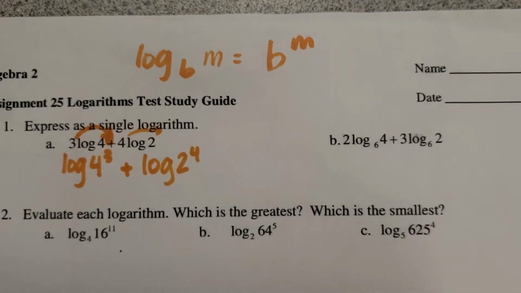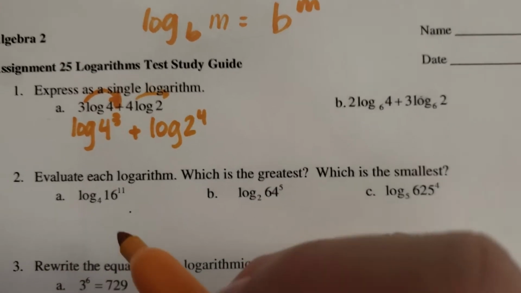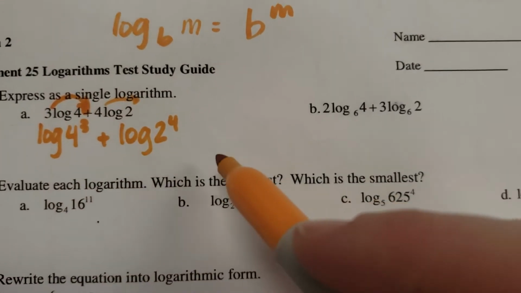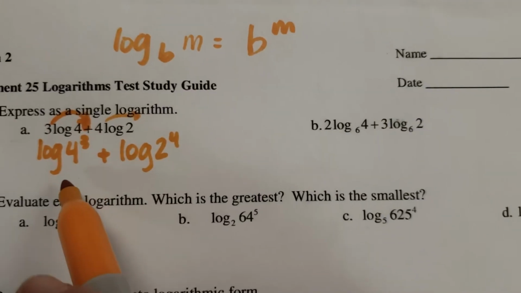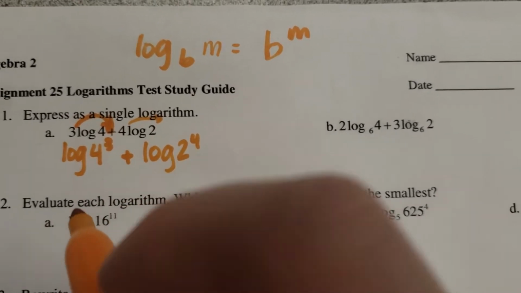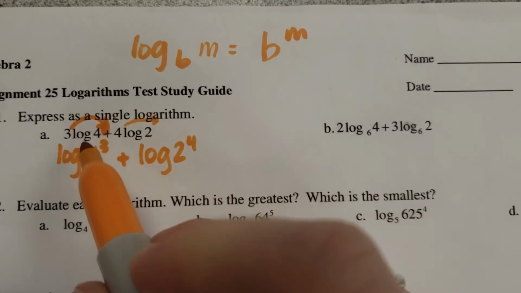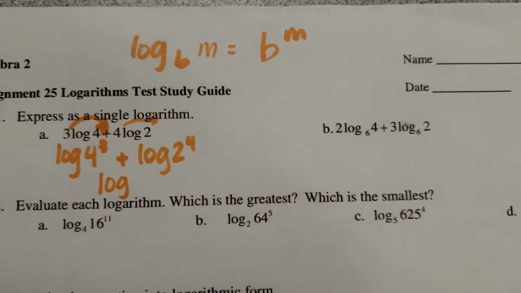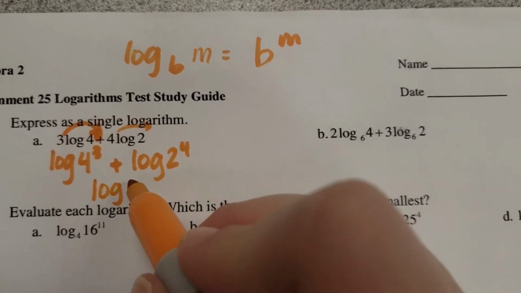All right, so I've moved those, and now I have log of 4 cubed plus log of 2 to the 4th. Because I have 2 logs with the same base being added together, I can combine them into one by multiplying. So I'm going to multiply 4 cubed times 2 to the 4th.